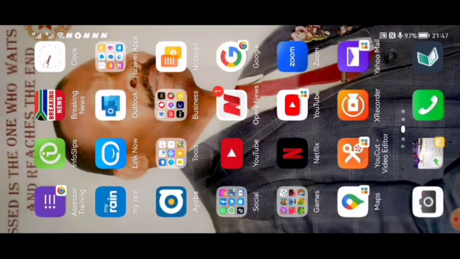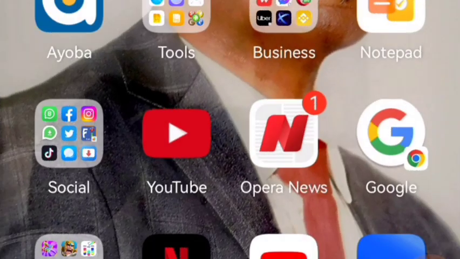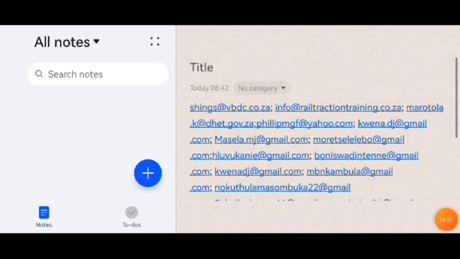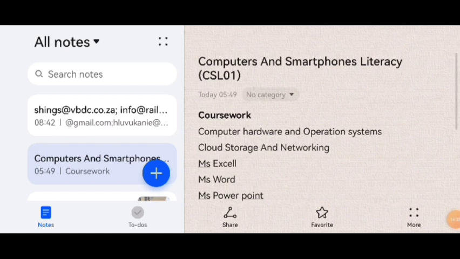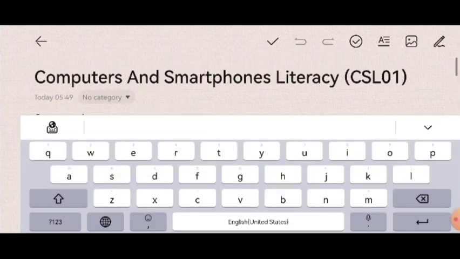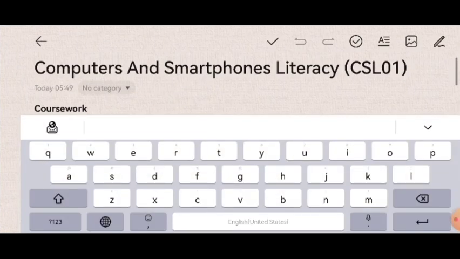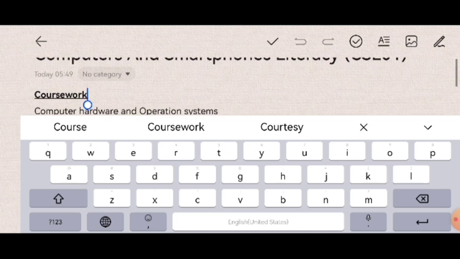So we have now verified that credit. If we go back and look at the document again, with that confirmed, there's computer and smartphone literacy, which is corrected right there. That is the course structure which we were structuring.